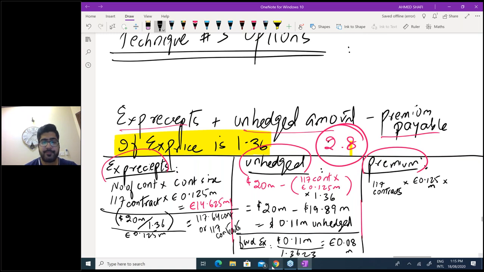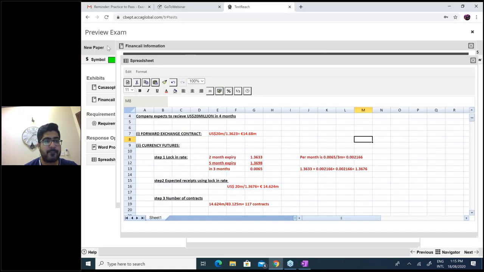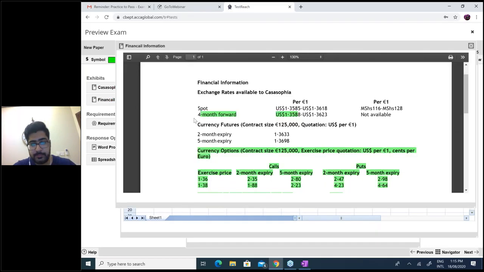What is the premium? I told you that these middle values mentioned, 2.35, 2.8, 2.47, these are the premiums. So 2.8 is the relevant premium because in my calculation every column was irrelevant except the 5-month call.